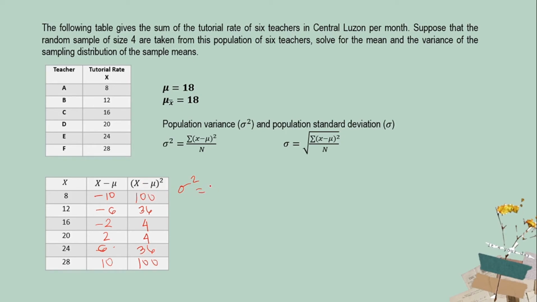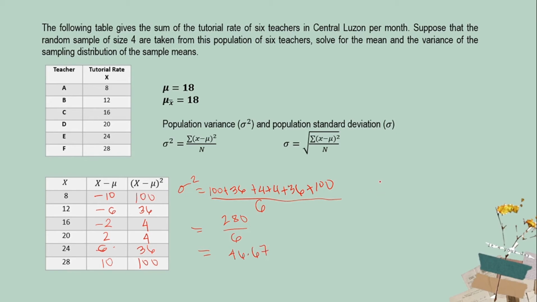So 100 plus 36 plus 4 plus 4 plus 36 plus 100 divided by the population size, which is 6. Then it gives us 280 divided by 6, which is equal to 46.67.